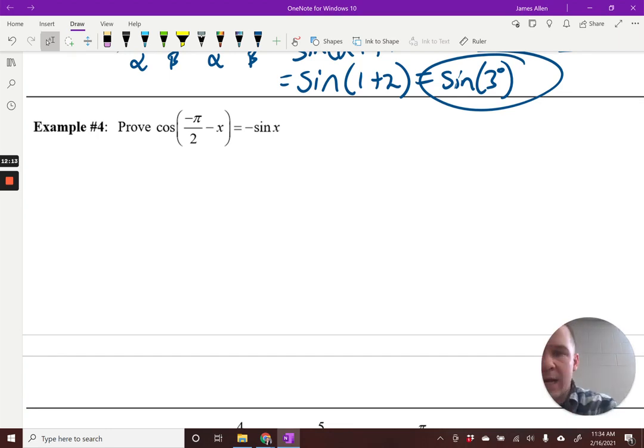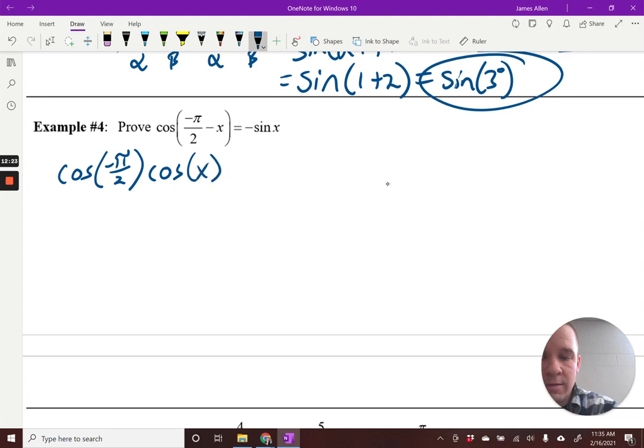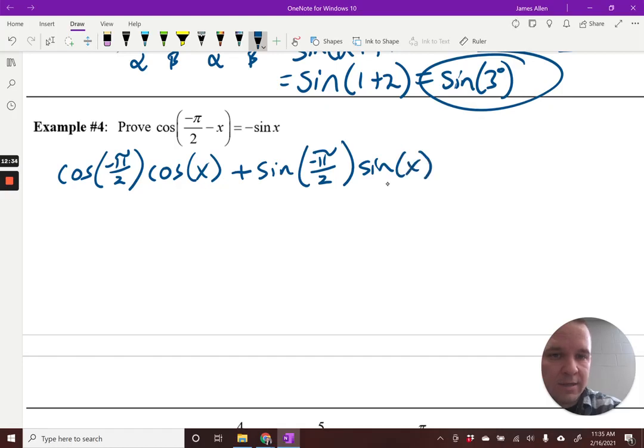So I'd have cosine of negative pi over 2 times cosine of x plus, it's the opposite sign here, sine of negative pi over 2 times sine of x. We want to show that that equals negative sine of x. Remember, we're not going to manipulate the right-hand side. We're going to only do one side, the more complicated side.